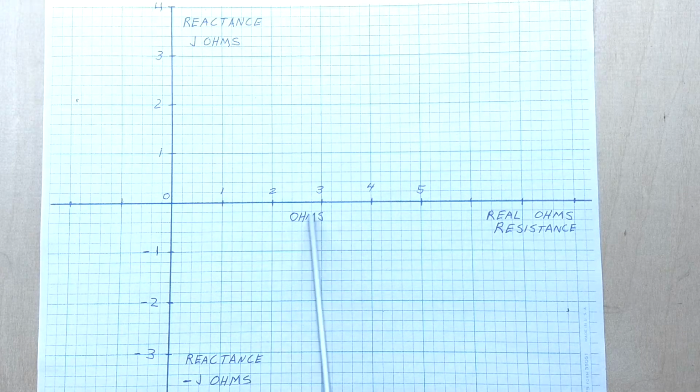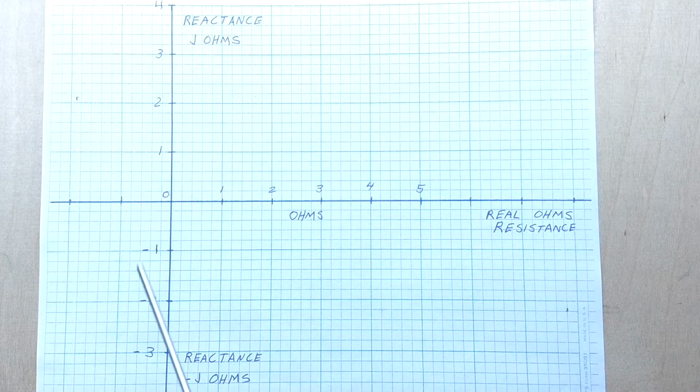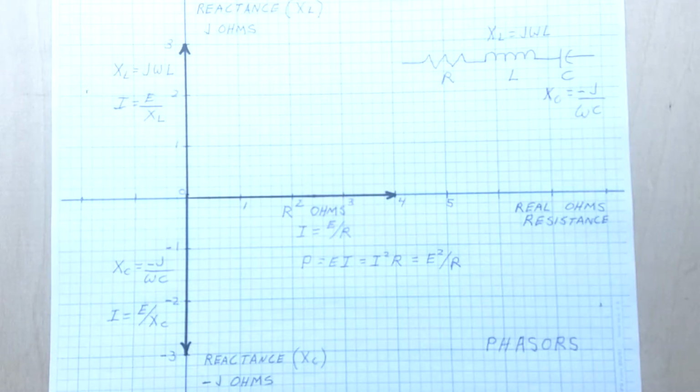Resistive ohms, or real ohms, are on the horizontal axis, and reactive ohms are on the imaginary axis. Here we are showing a series RLC circuit.